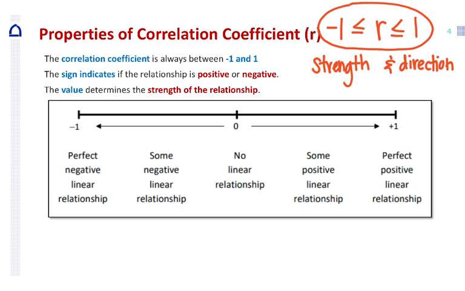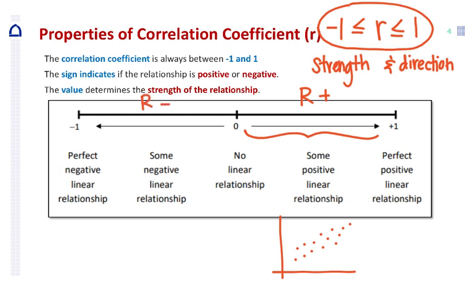If R is a positive number, then the dots are going up from left to right. It's a positive linear relationship, okay? If R turns out to be a negative number, as in this case, then the scatter plot would look like dots going down from left to right, a negative linear relationship.